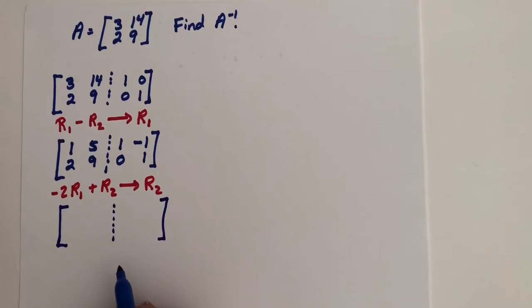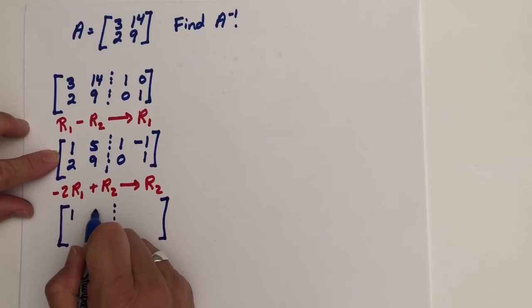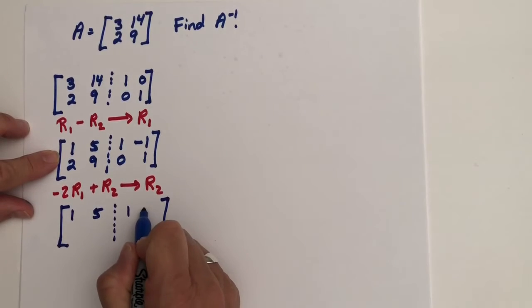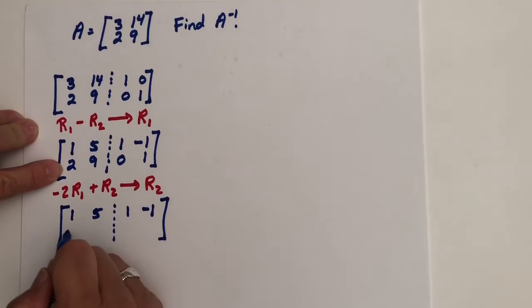So we have negative 2 times 1. Let me write row 1 first. Now here we go. We're multiplying by negative 2 and adding. And remember, as I've mentioned in previous videos, if you need a piece of scratch paper to do the arithmetic, go ahead. Here we go. Negative 2 times 1 plus 2 is 0.